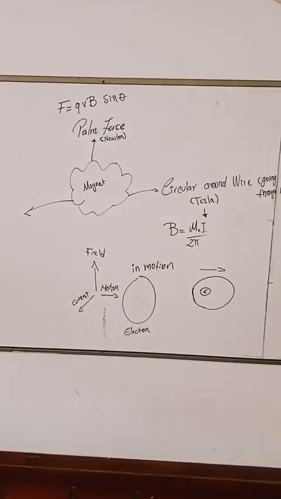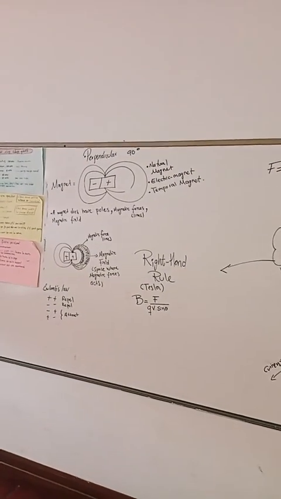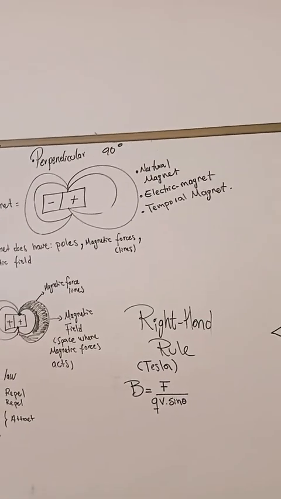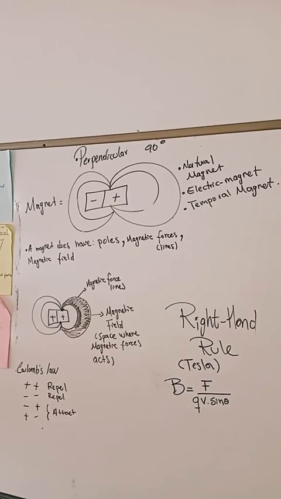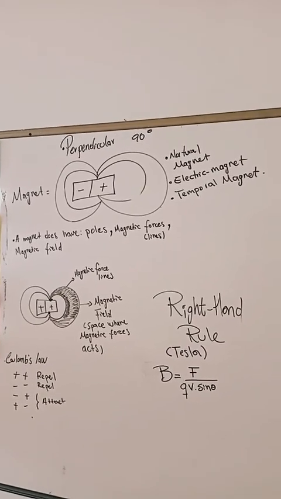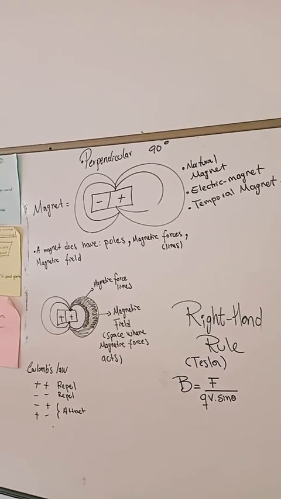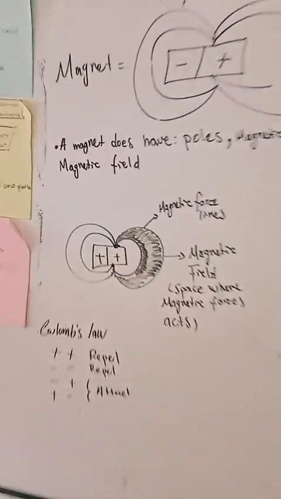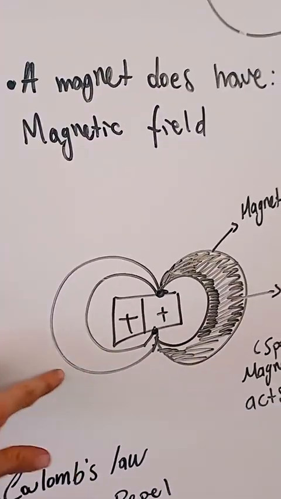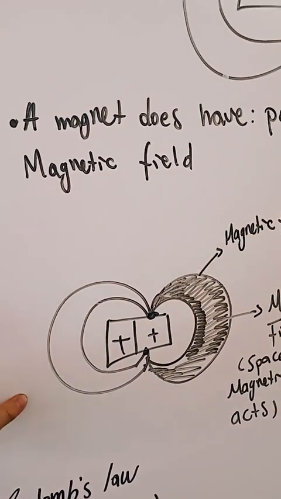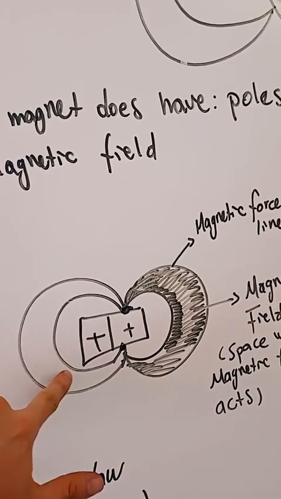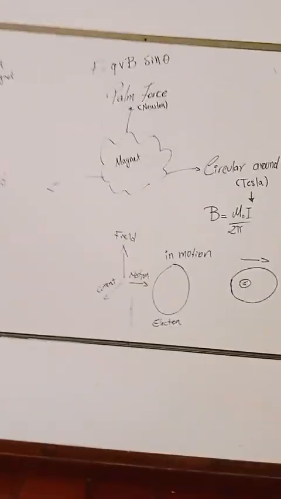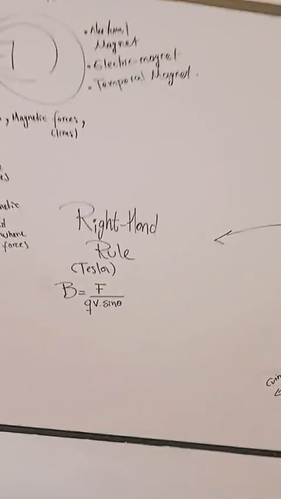Now, in order to master magnets, we already know what a magnet has. A magnet has poles, also magnetic forces that are invisible lines, and also a magnetic field that is the area within those invisible lines, right? So why do we have a right hand rule?